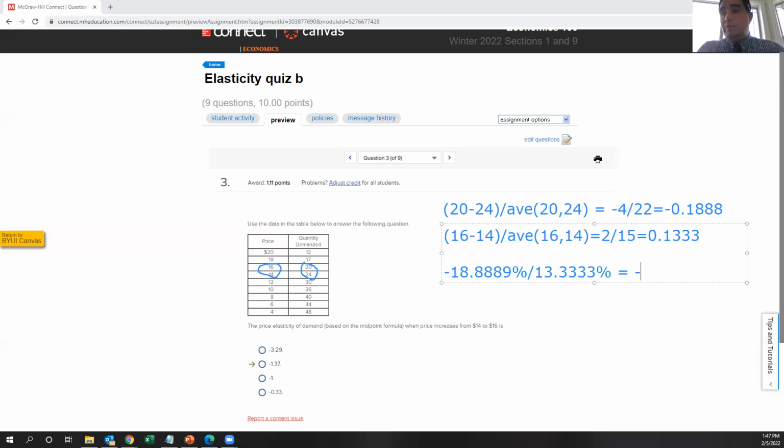Yeah, I came up with negative 1.3636. And it looks like the closest answer to that is negative 1.37. So they might have rounded something a little bit different somewhere in there. Anyways, so that's the answer for that one and how we solve that one.